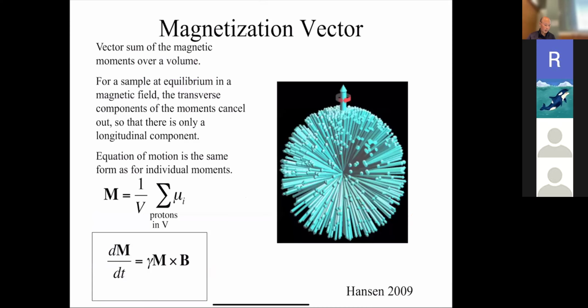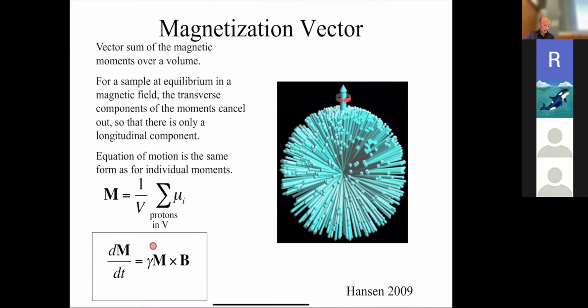Then we've sort of talked about a single spin on its own, but typically what we measure is the vector sum over many, many moments over a volume. So we can think of the overall magnetization from any given point in space as being the sum of all the protons in that space.